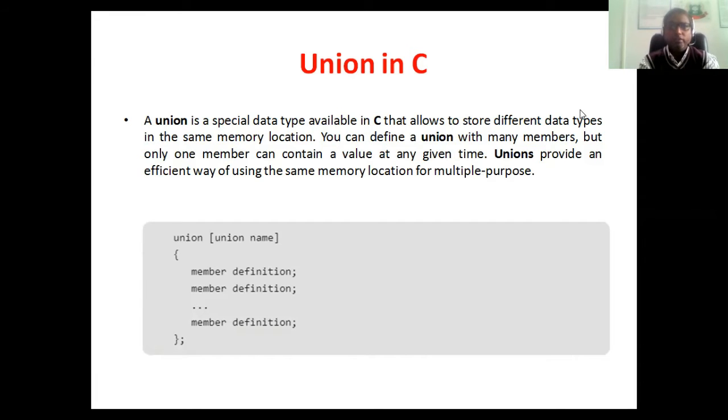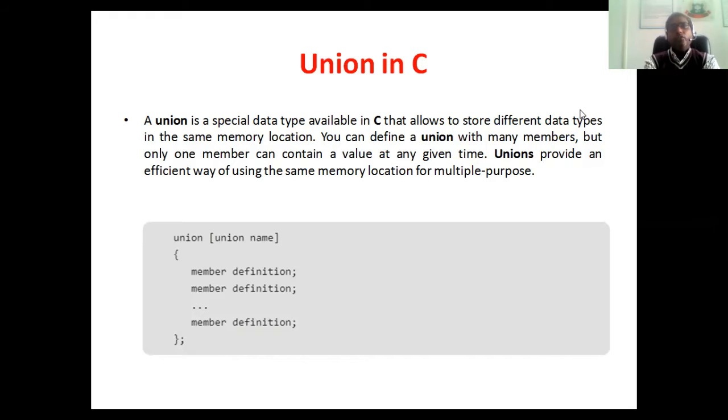So basically what does union mean? Union is a special data type, or we can say it is a user-defined data type in C. Like structure, it is also a user-defined data type, which works on different kinds of data. It binds the different kinds of data into a single entity or single name, known as a structure name.